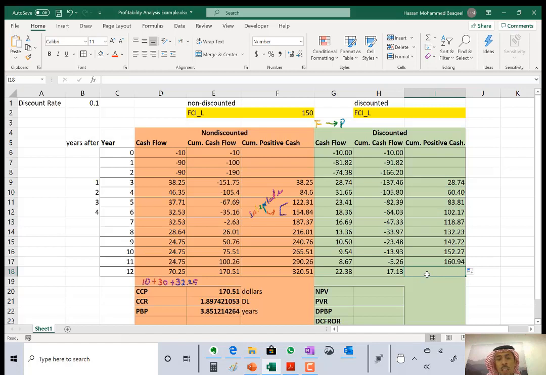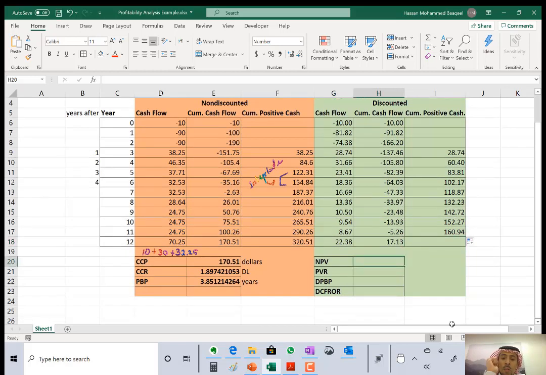I don't want to worry about year 12 because these values should be sufficient to calculate our criteria. All right, done. Now NPV, net present value. Net present value is analogous to CCP, cumulative cash position, but this time we are discounting.